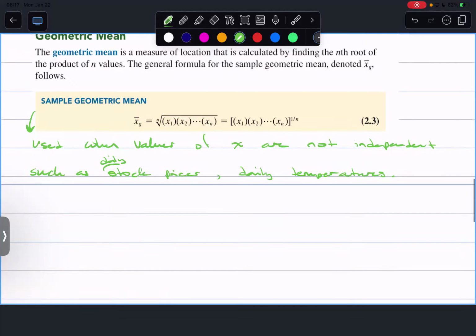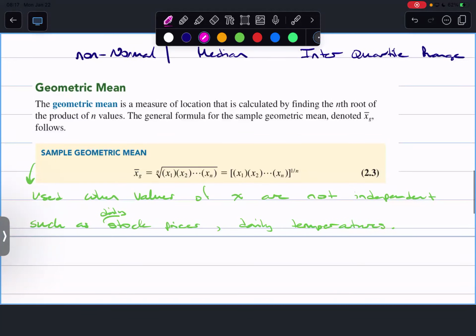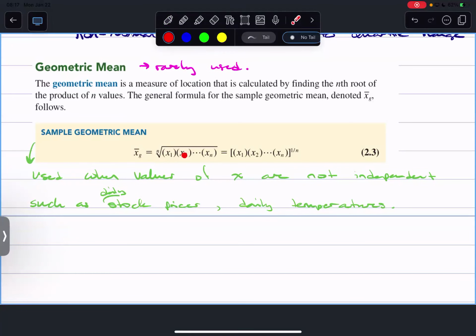But it is pretty rare that we use it, at least in my experience. What's the difference? Instead of adding things up and dividing by n, now we're multiplying n things together and taking the nth root. And that's the difference. But Excel will just do it for you.